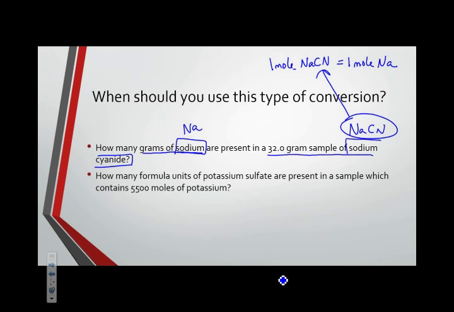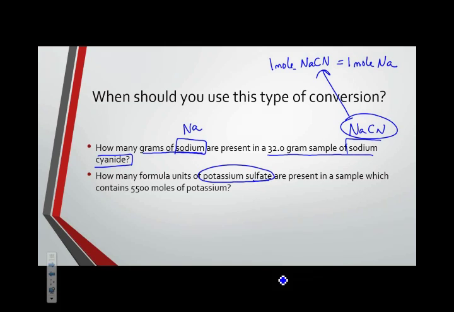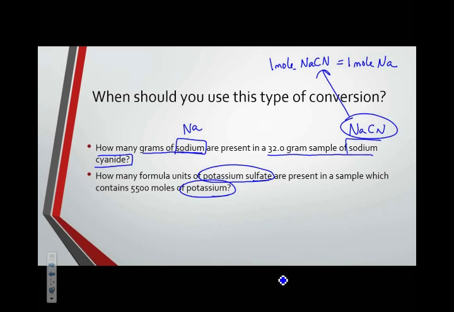How many formula units of potassium sulfate are present in a sample which contains 5,500 moles of potassium? Again, I notice that I have a compound here, and I have an element that is part of the compound also in the problem.